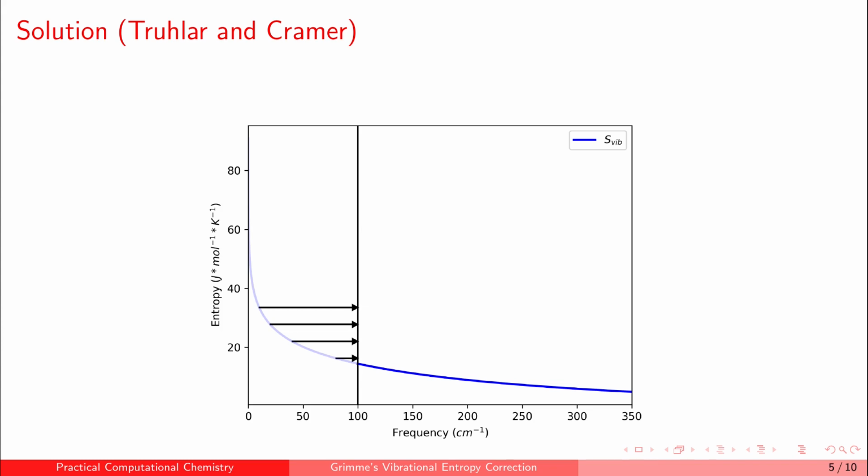So you just apply this cutoff and you kind of get rid of the problem. But of course this is not necessarily the best way to handle this problem, as it's a bit simplistic and doesn't seem quite physically sound, which is why Grimme proposed a more elegant solution.